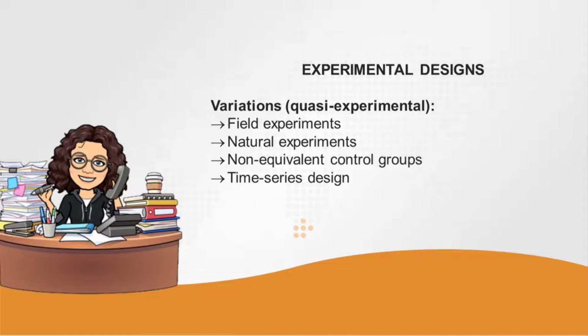Another type of experimental design is using a looser version of what is seen as an experimental group and a control group. Maybe you want to study the effect of working remotely due to COVID, what effect that has on the attitudes of staff members. You can select one group of staff from an organization where people are working remotely due to COVID as an experimental group, and select another group of staff from a company where people are not working remotely as your control group.